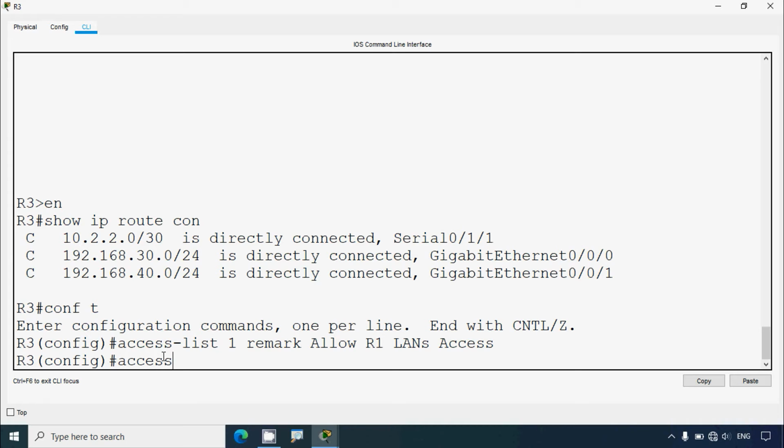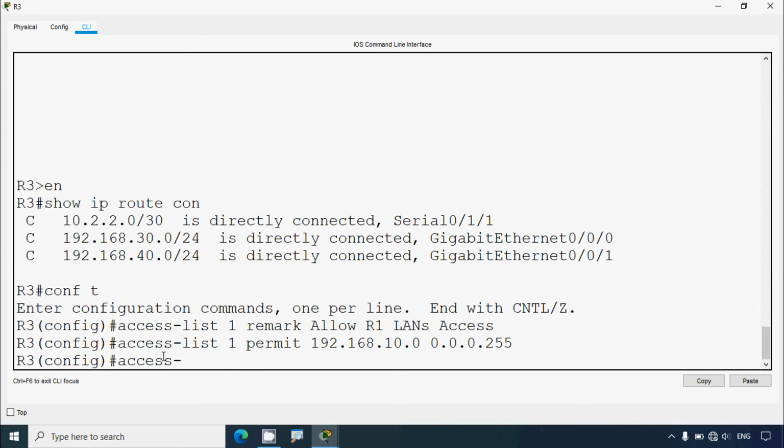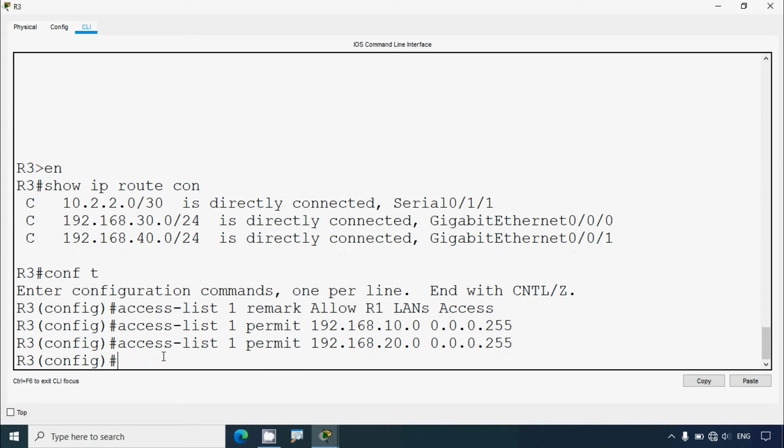Then we will create access list 1, and we will permit 192.168.10.0, then we have to specify the wildcard mask 0.0.0.255. Also we will give access list 1 permit 192.168.20.0 wildcard mask 0.0.0.255, and we have to give access list 1 deny any.